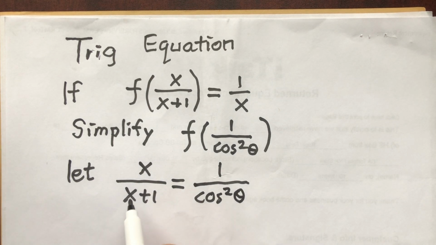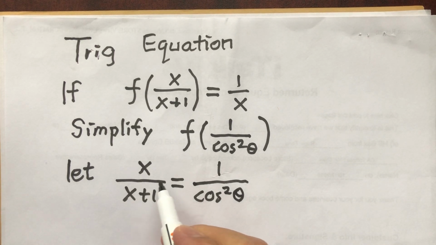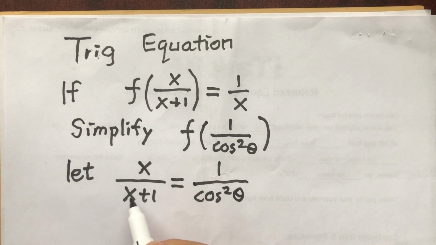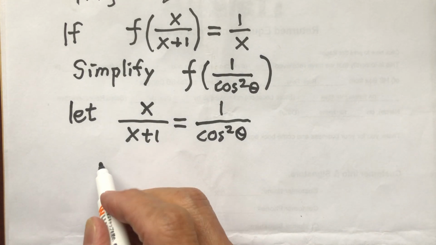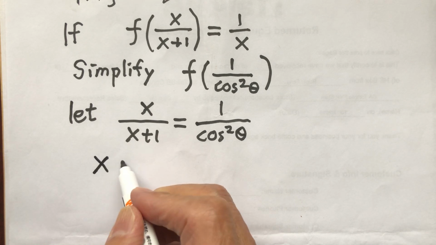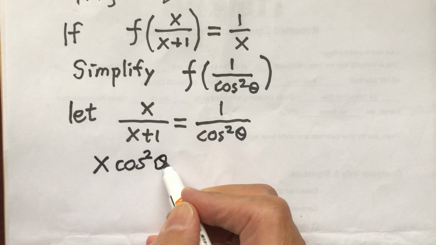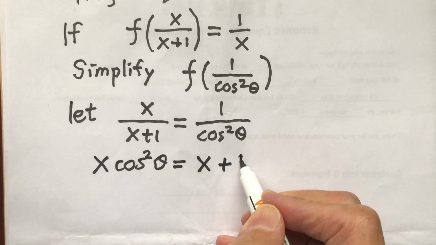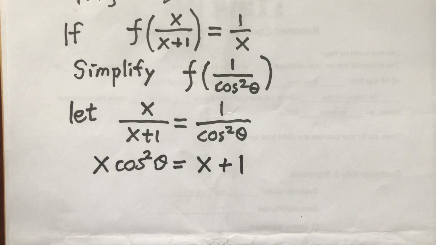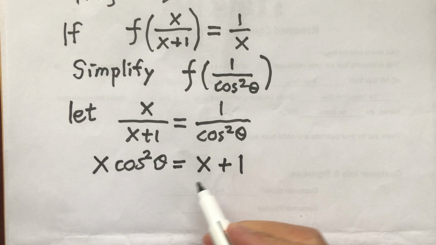Then the next step is to do cross multiply. This times that is equal to this times that. And then I move this x to the left-hand side.